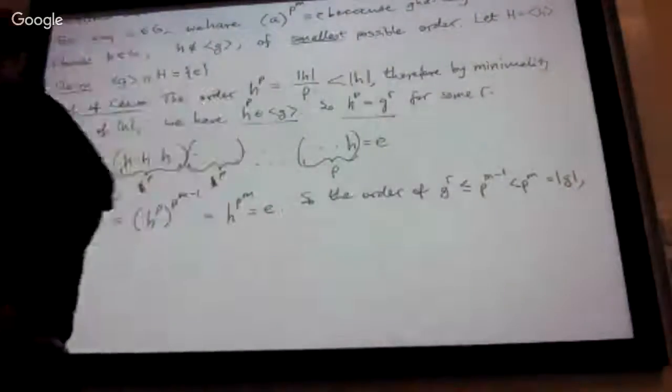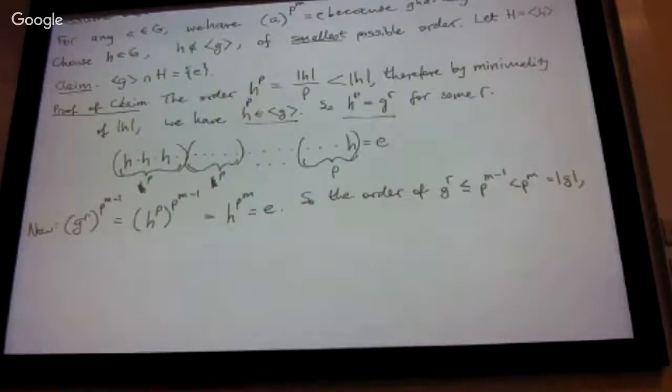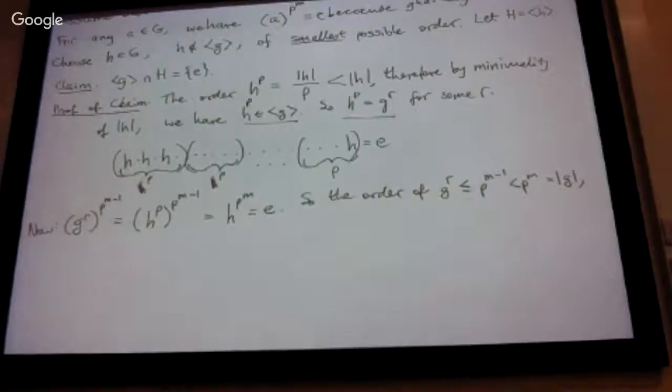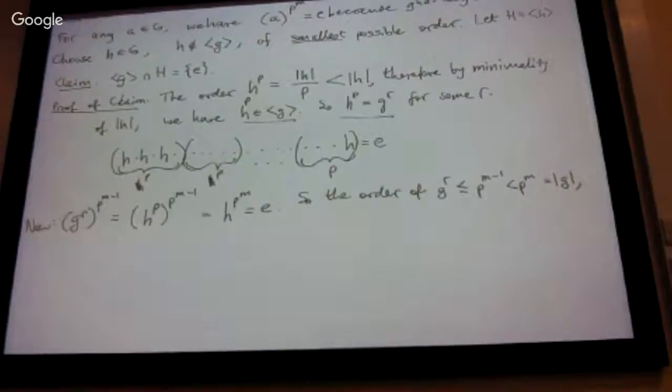Why is the order of g^r less than that? Why is that? The order of g^r is less than p^m, well, because if I raise it to the p^(m-1), I get the identity. Oh, okay. So I could get it for a smaller power, but I'm certainly getting it for this one.